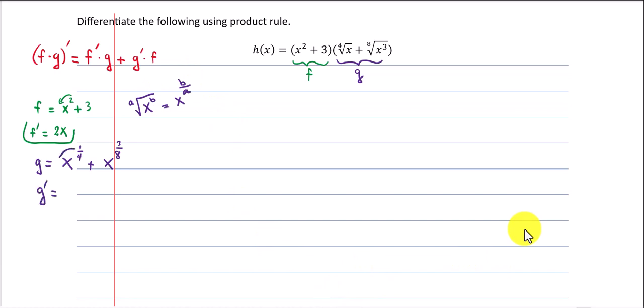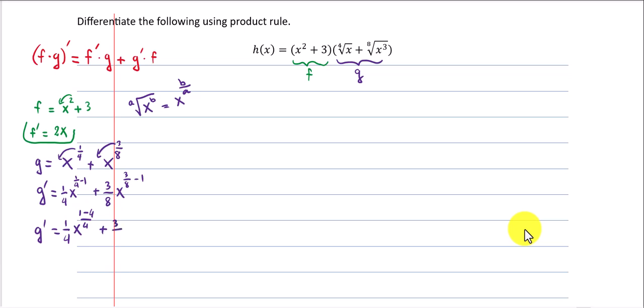So I will bring down 1 over 4 and then subtract 1 from that. Same thing, bring down 3 over 8 and subtract 1 from it. And then I have to simplify that. 1 over 4, when you subtract 1, you have the LCD of 4, so you need to multiply 1 by 4.